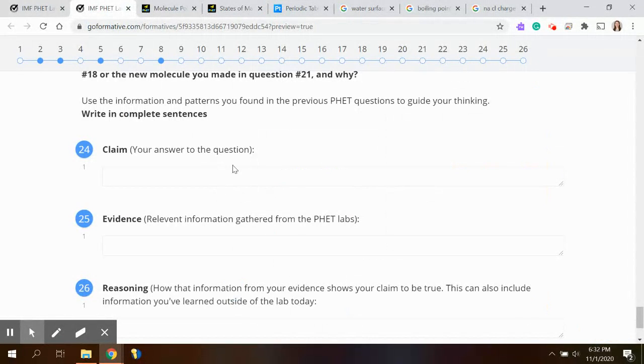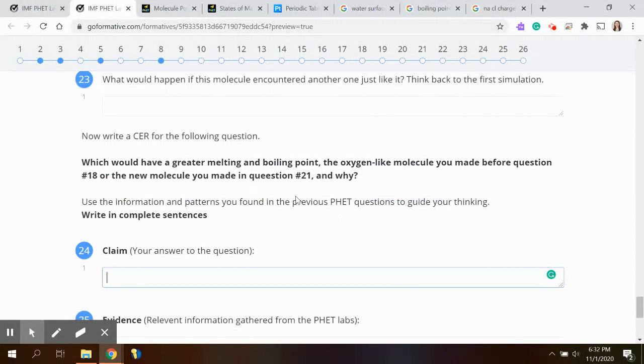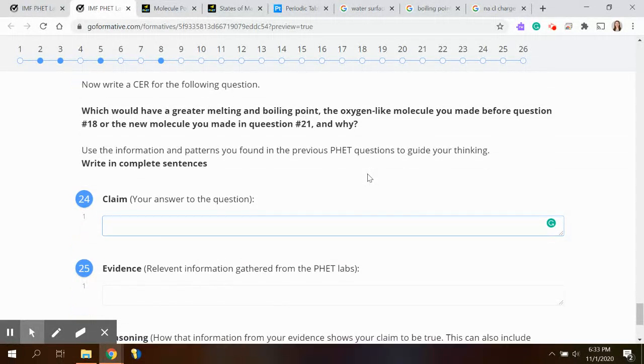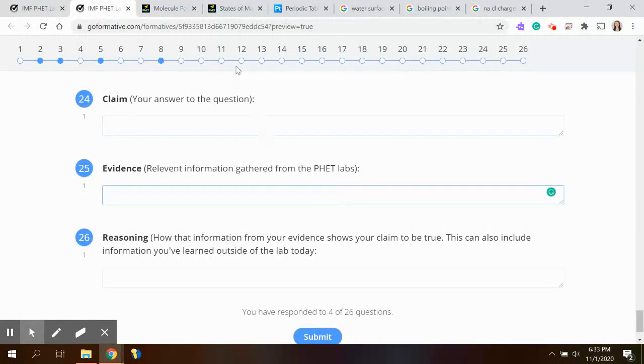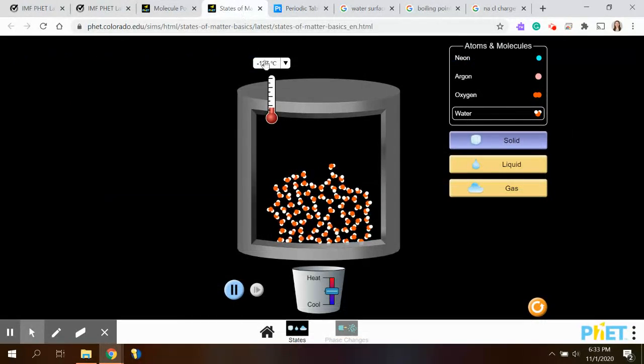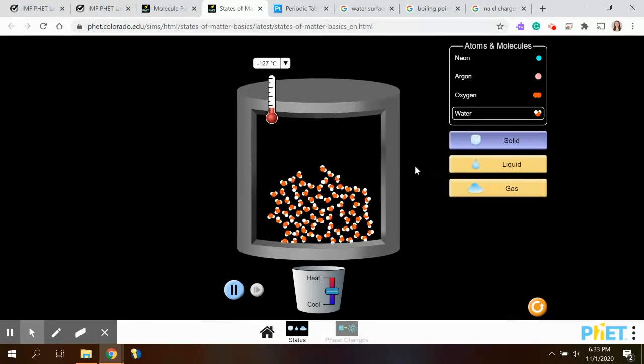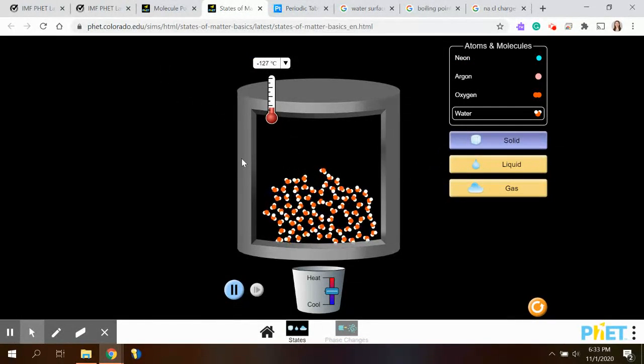So here, this is a CER, claim, evidence, reasoning. Your claim is just, I think, that either one of these would have a greater melting and boiling point than the other. So you get to pick either the oxygen-like one or the new one. And then your evidence, so this is just stating your evidence. So you might say something like, in this particular PhET lab, the temperature was only blah, blah, blah for this versus this one.